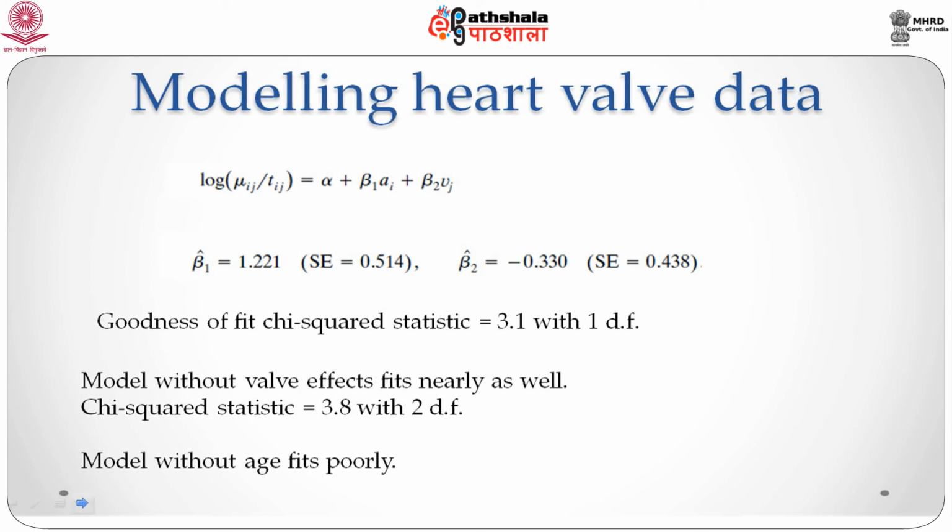We can define Nij as the number of deaths for age Ai and valve type Vj. Assume its expected value to be mu ij, for total time at risk Tij.